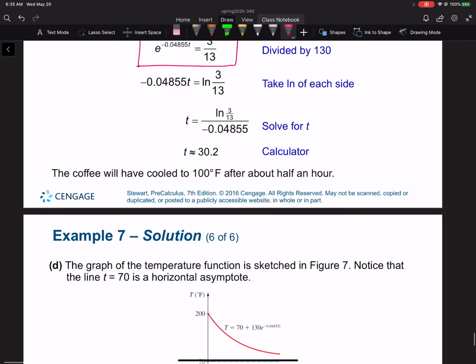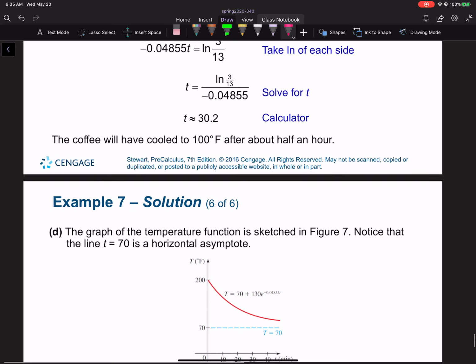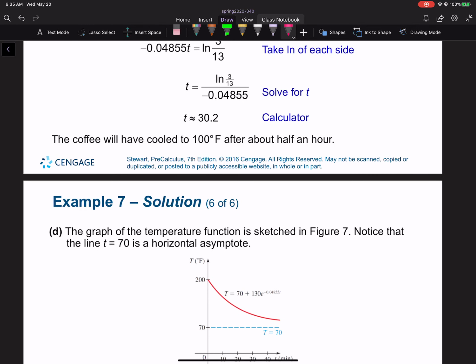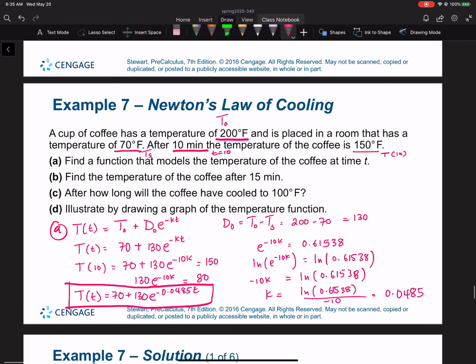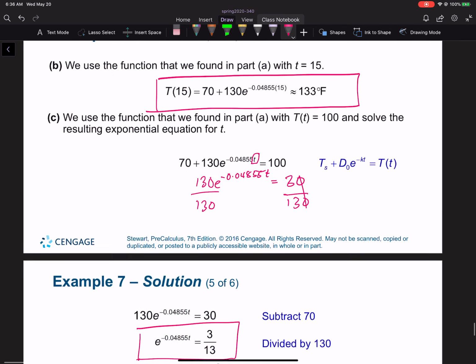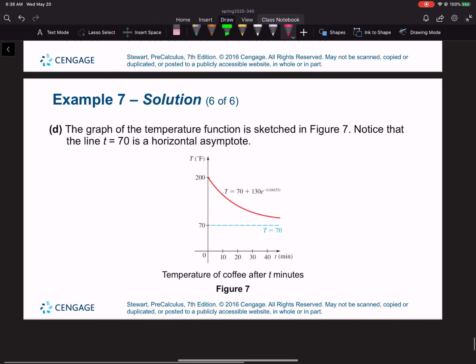And D says graph the temperature function and notice what happens at large t. If you sketch this, you need to be very careful, because the surrounding temperature was 70, so you cannot be below 70. You start out at the coffee's temperature, and the room temperature is right here.